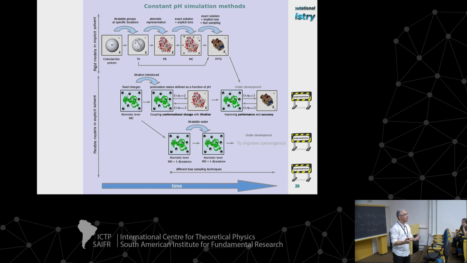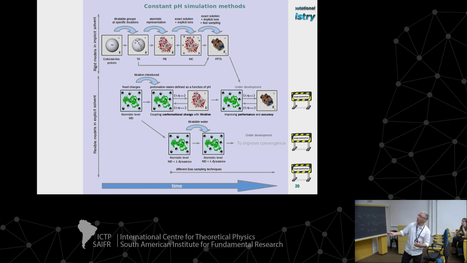The majority of the papers you see when people are doing molecular dynamics simulations use constant charge models. Tomorrow, I'm going to show you what happens when you neglect the effect of the pH for some systems, in the sense that the charges can fluctuate as a function of pH.